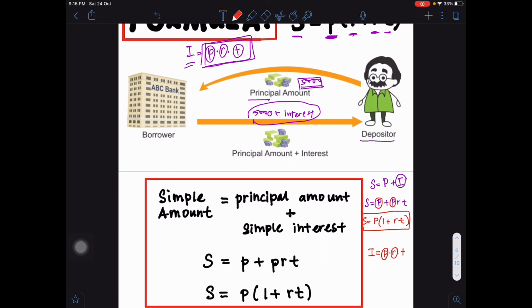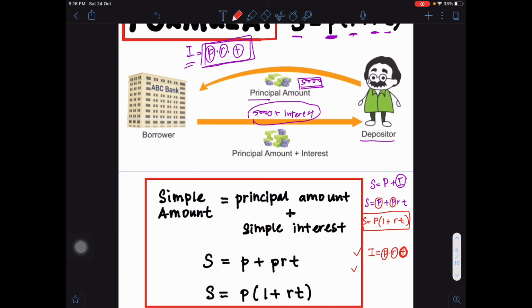R is the interest rate. Okay, and interest rate need to be per year. Okay, and also your T is the tempo. Okay, tempo of pinjaman atau pelaburan, and tempo ini mesti dalam bentuk tahun. Kalau awak diberi tempo dalam bentuk hari ataupun bulan, kita ada cara macam mana kita nak tukar dia menjadi tahun. Later kita akan tengok. Okay, so this is the first formula.